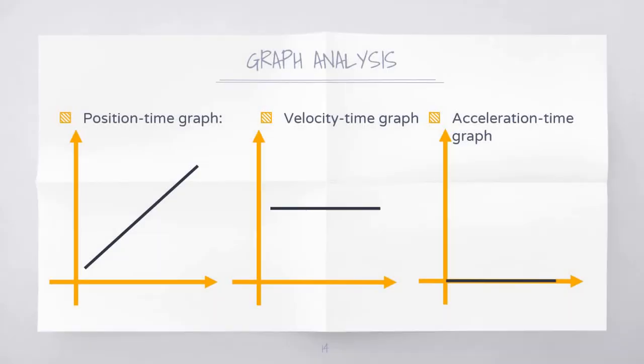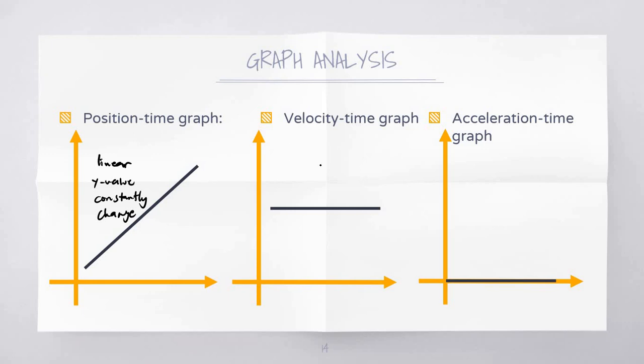Next, how about if the position time graph becomes linear? Again, if it's linear, the y value is constantly changing. So what happens to the velocity time graph when the position time graph is already linear?